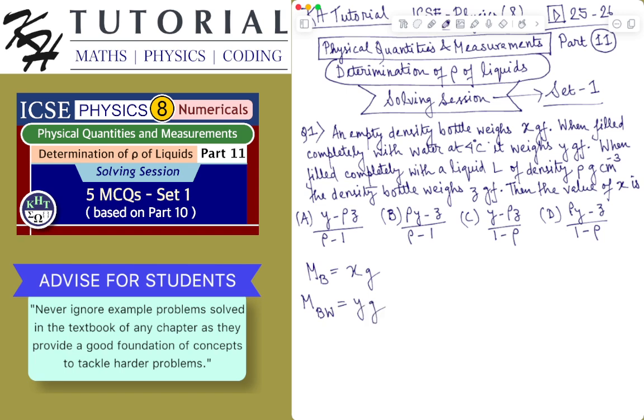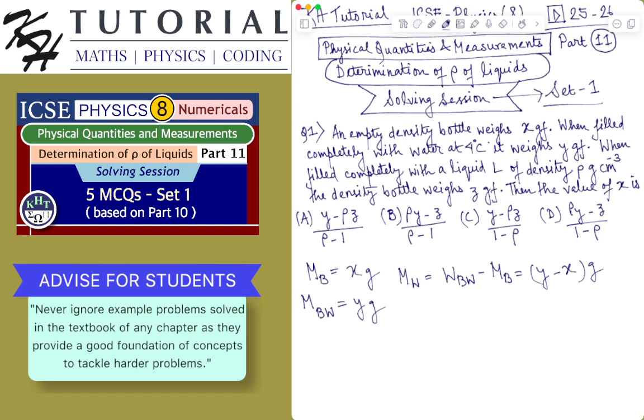Okay. So clearly the mass of the water will be M_BW minus M_B, which will be y minus x gram, the mass of the water which is completely filling the density bottle. That is, the volume of the water is the volume of the density bottle.